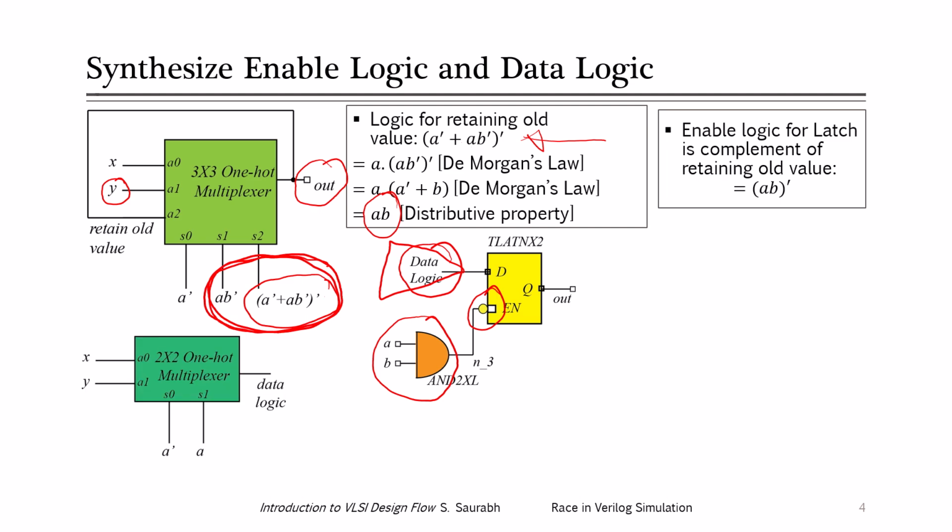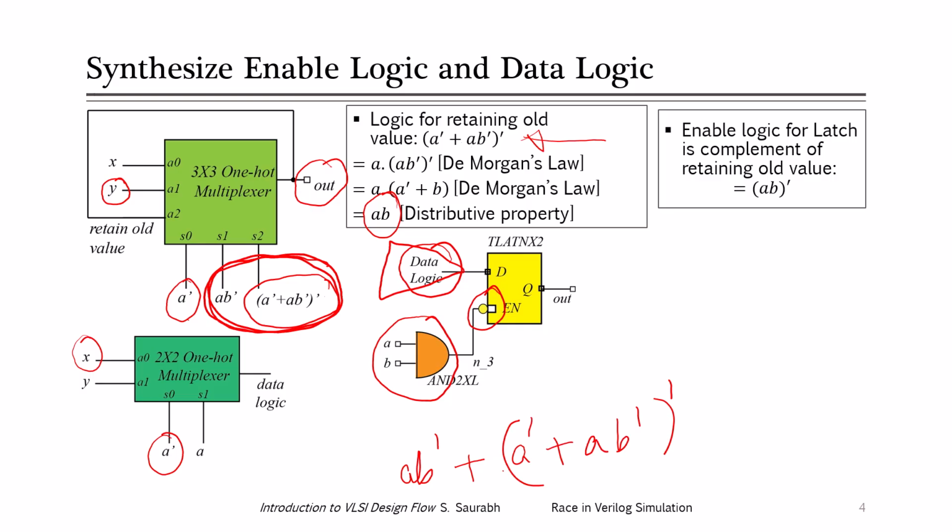So how do we get from the 3 cross 3 1 hot multiplexer to the 2 cross 2 1 hot multiplexer? We have kept this A complement the same. Whenever A complement is true, X is selected, and in the other condition, that is whenever AB complement plus (A complement + AB complement) whole complement is true, it will produce a value of Y, right?